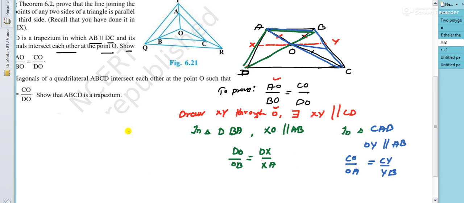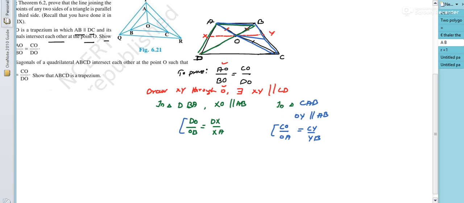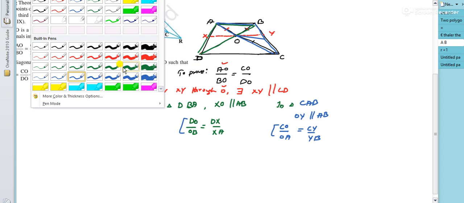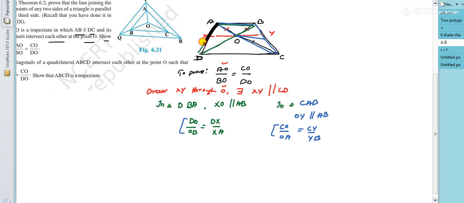Isn't it? Now see. Yes, so do we get anything equal? No. So we need to change. Yes, see here. I think, yes, look here. First, the triangle we took was this one, correct?